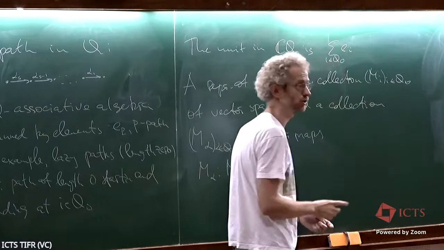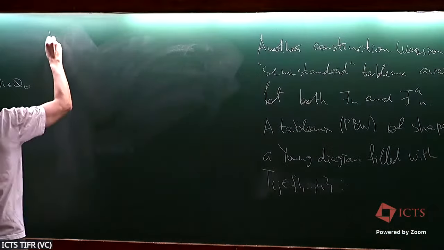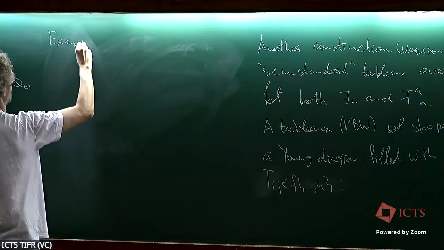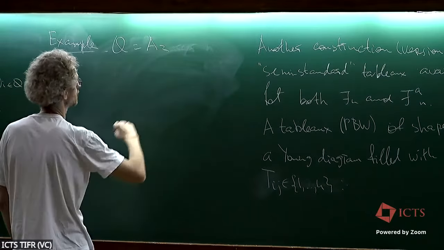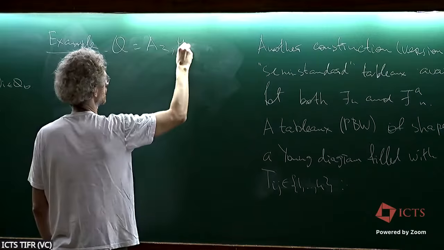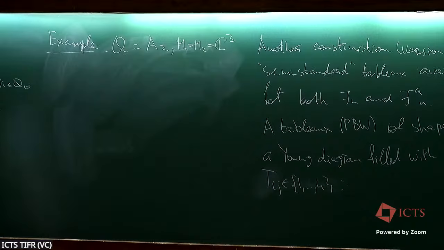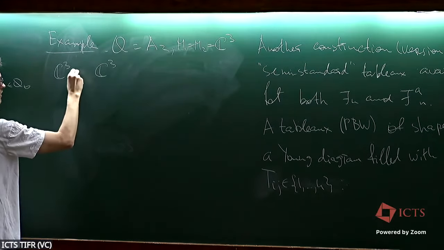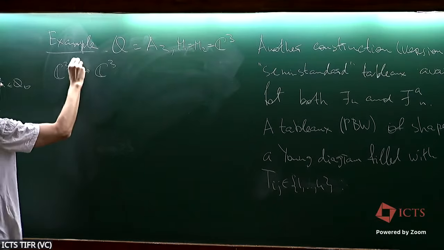Actually we saw already two examples of representations. Example: suppose Q is just A2 and M1 equals M2 is C3. So we have two 3-dimensional spaces, and we also need a map between them, which is M alpha.